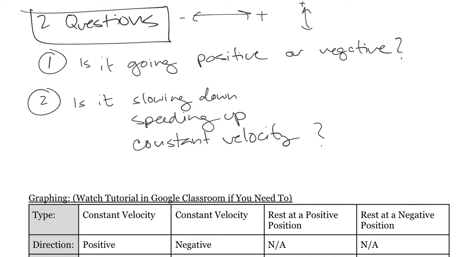So those 2 questions are what you have to ask yourself about every single graph. Doesn't matter the type of graph, doesn't matter what your motion is, those are the things you're looking at. Is it going in the positive direction or negative direction? And then what is it doing? Speeding up, slowing down, or at constant velocity? Those are the big things.